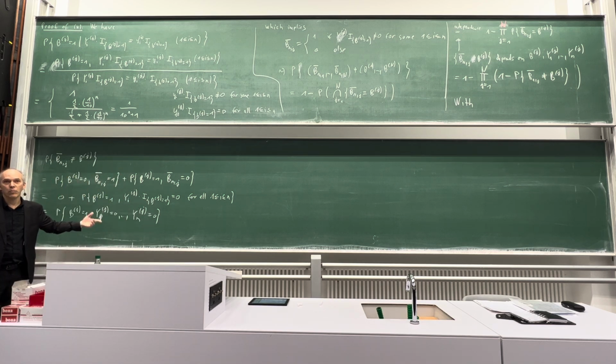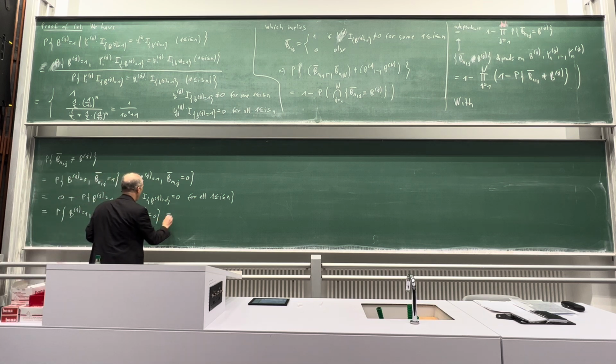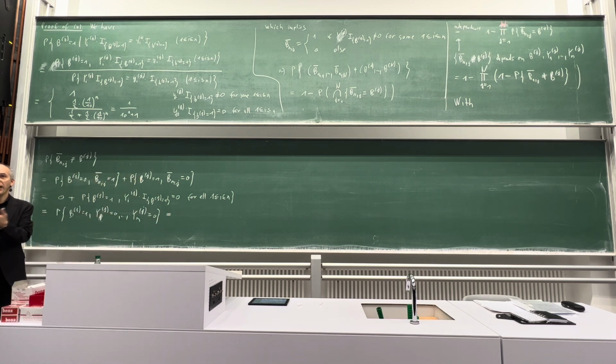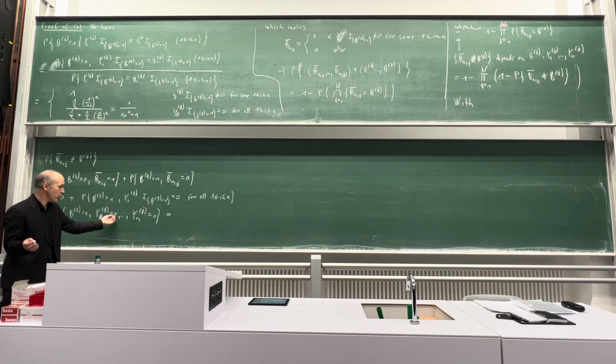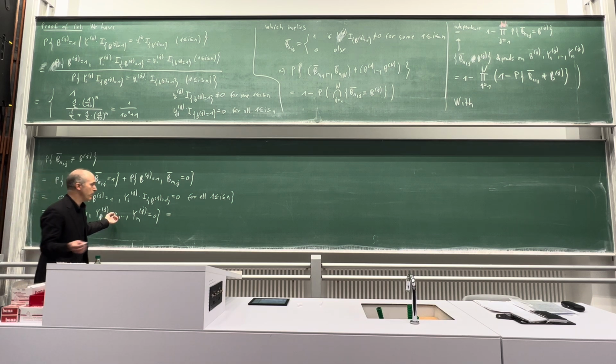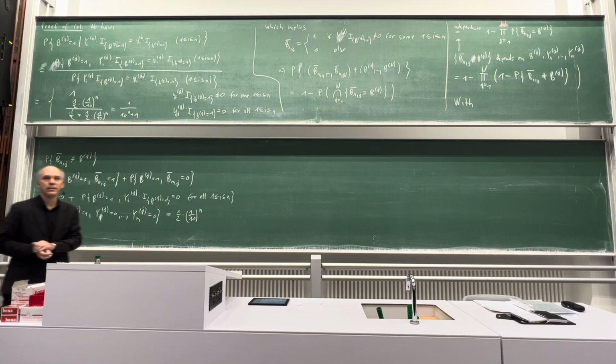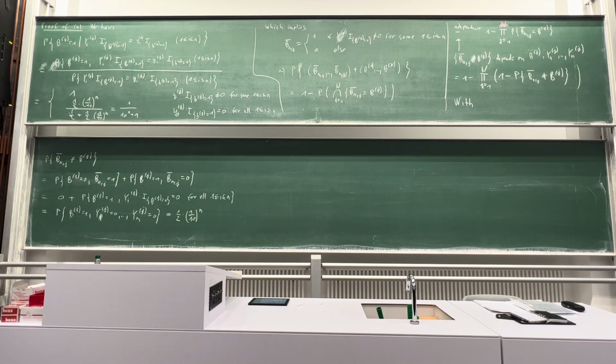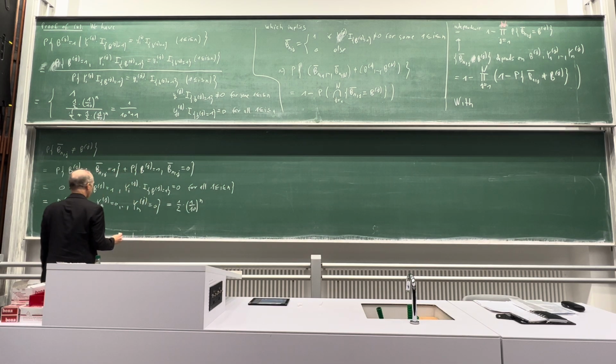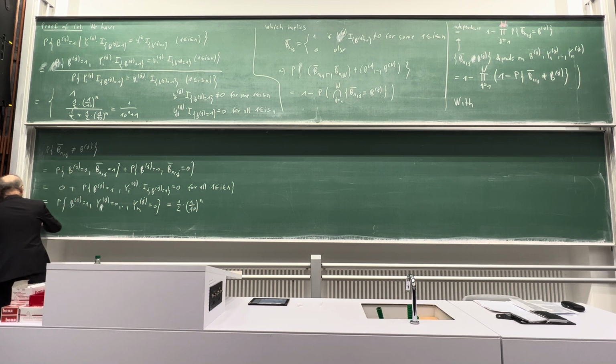Each of the Yij's takes on each of the values from 0 to 9 with probability 1/10, so the probability that it's 0 is 1 divided by 10. So we get 1/2 times 1 divided by 10 to the power n. And if we plug this in, we have the assertion.